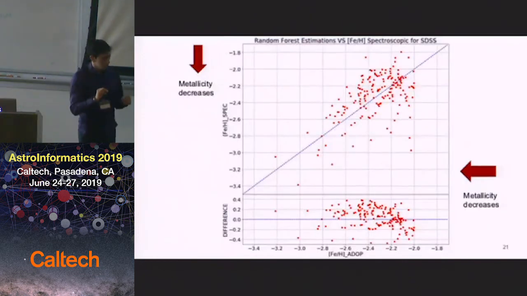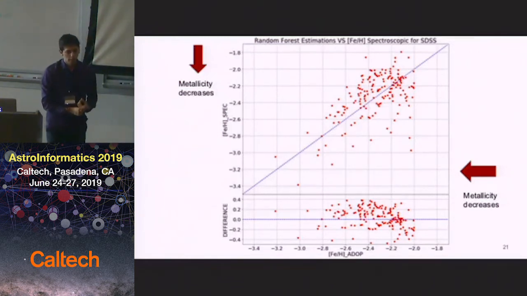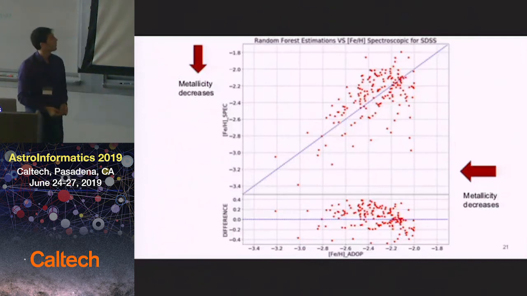If I just focus on low metallicity stars, since this is a project I'm working on in my PhD, this is what I got. This is the metallicity predicted by the model versus the metallicity measured spectroscopically by the Sloan survey.